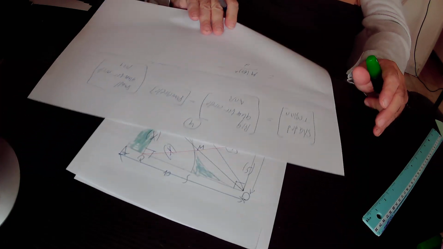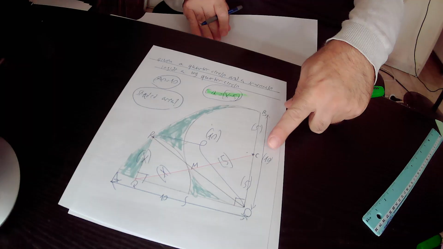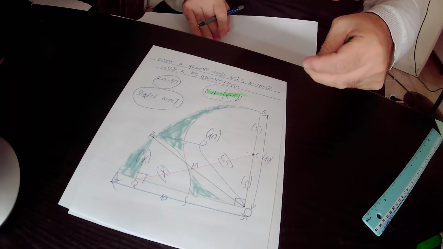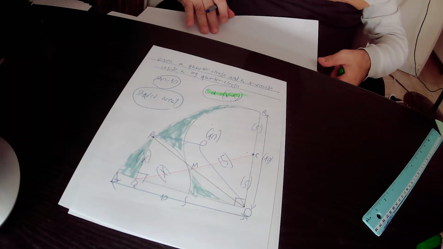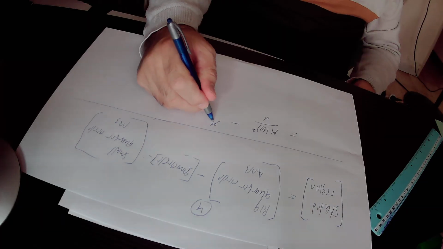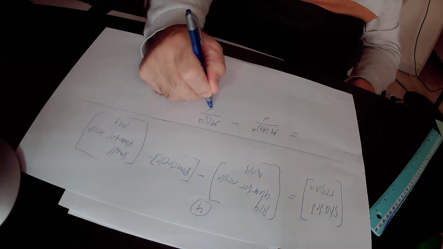Minus the area of this semicircle. The radius of this semicircle is 5, and therefore the area of this semicircle must be equal to pi times 5 squared over 2.